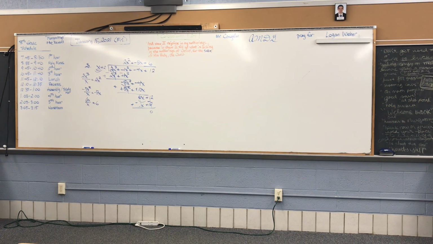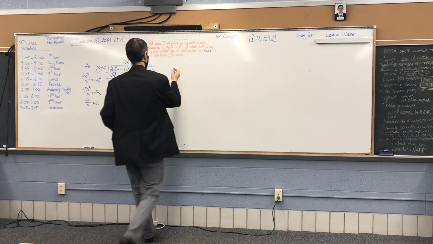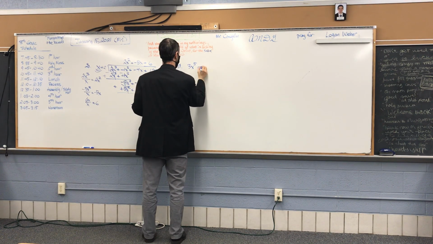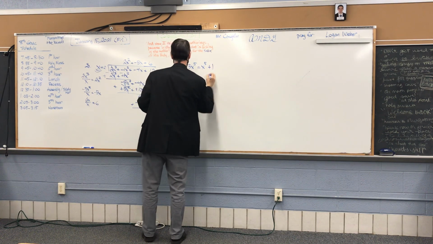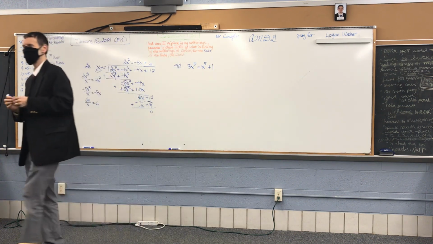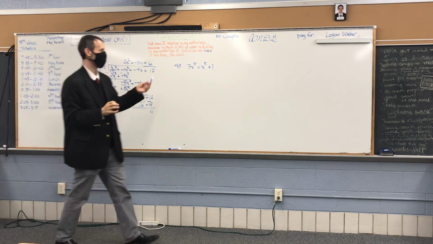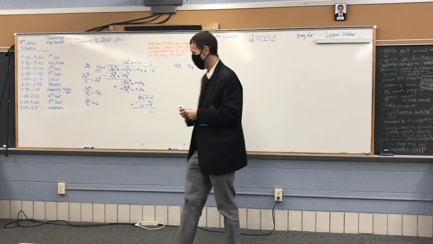Can you do 4D? 4D was 3x to the 5th equals x to the 5th plus 1. They're asking you to get it in standard form. Standard form means you need to get the answer down to 0.